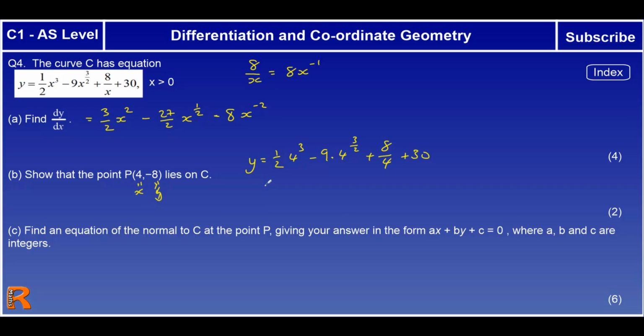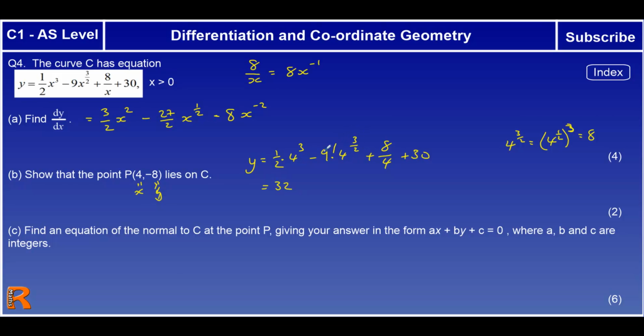So 4 to the power of 3, 4 squared is 16, times by 4 is 64, and a half of 64 is 32. 9 times 4 to the 3 over 2, let's do that over here. 4 to the 3 over 2 is equal to 4 to the half, cubed. So 4 to the half, the square root of 4 is 2, cubed is 8.